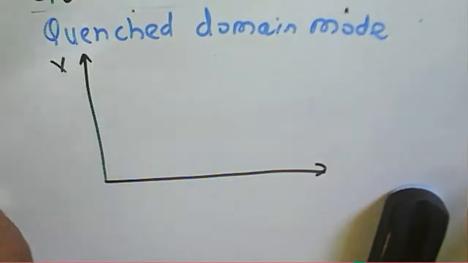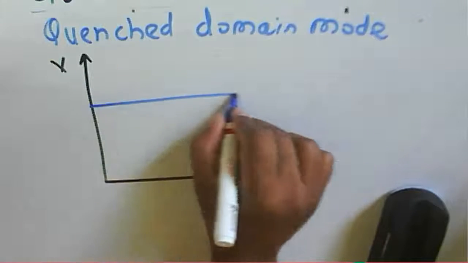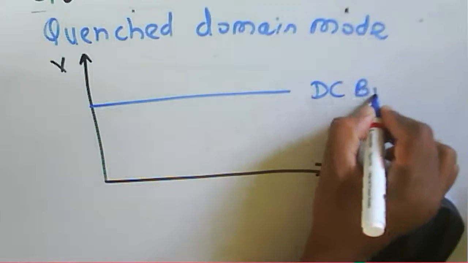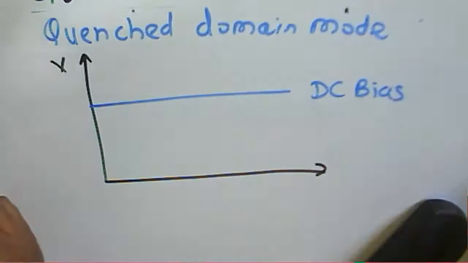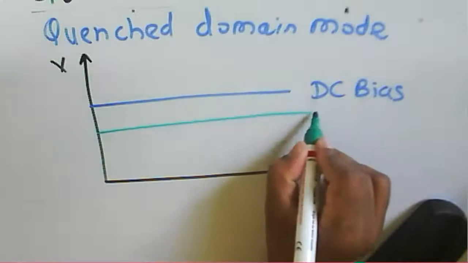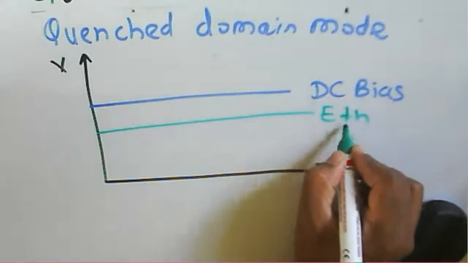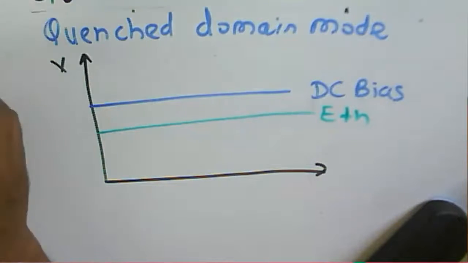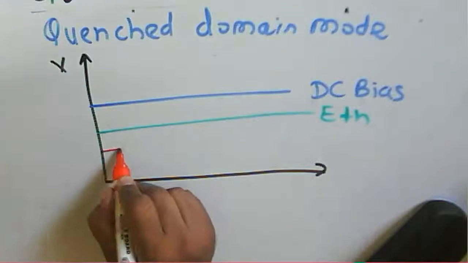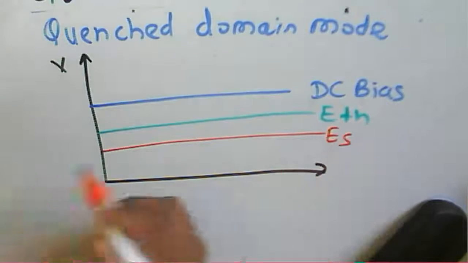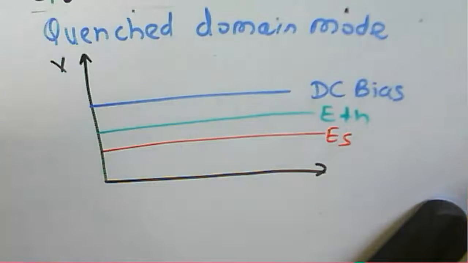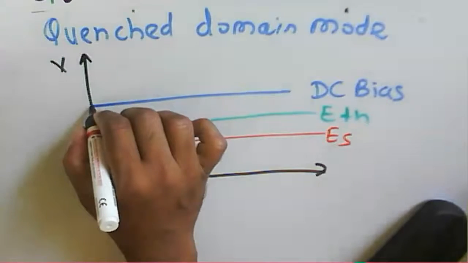This one is about your DC bias. Then we are supposed to consider that ETH here, then that ES here, and then see how your domain grows in the given region.